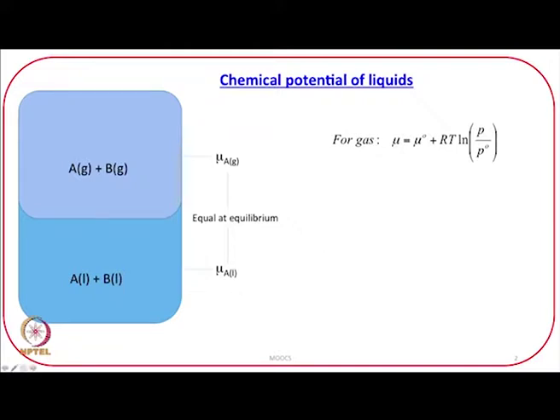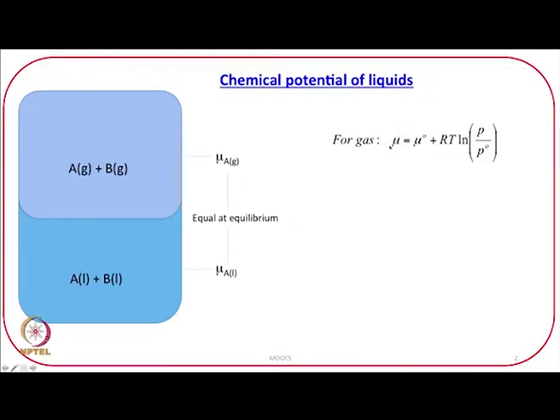Now, since the different phases of the same substance, for example, A in liquid form, will have its chemical potential equal to that for A in the vapor form at equilibrium, I can replace this chemical potential.